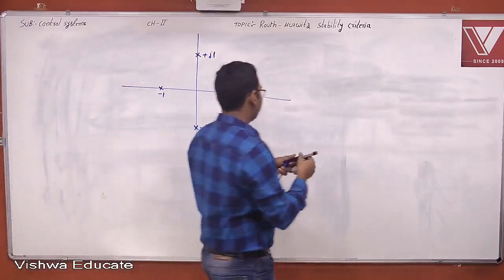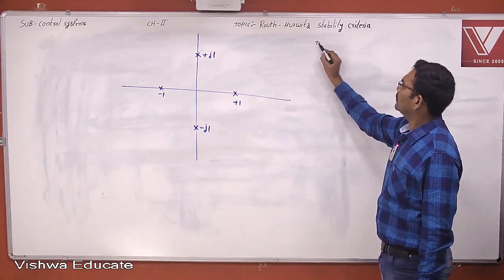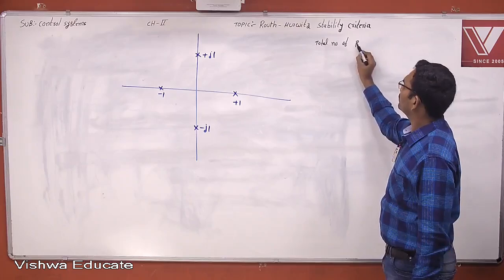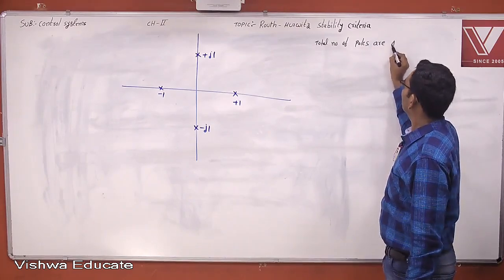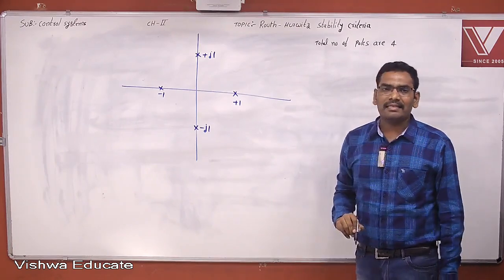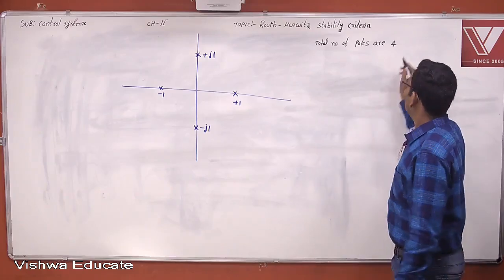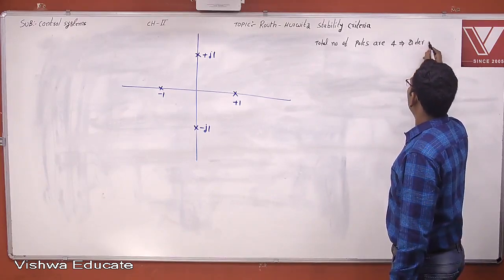So the total number of poles is 4. So the highest power in the characteristic equation is 4, therefore order is 4.